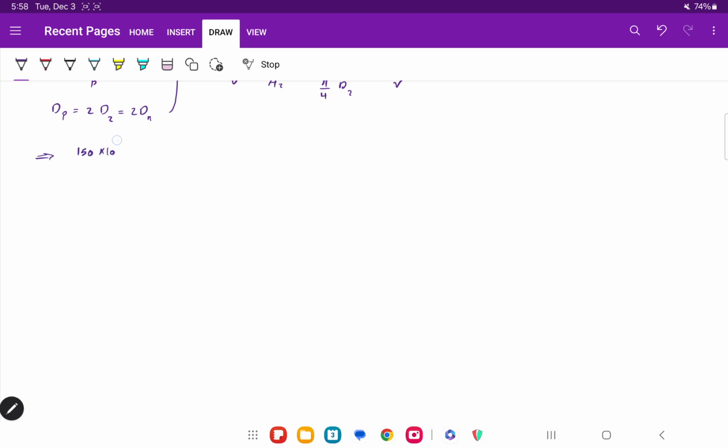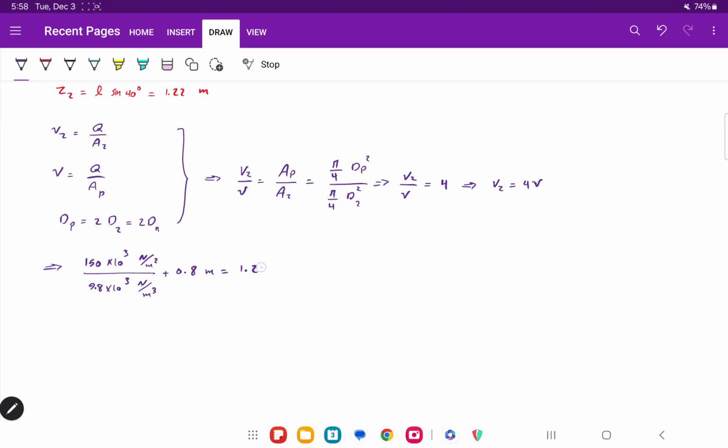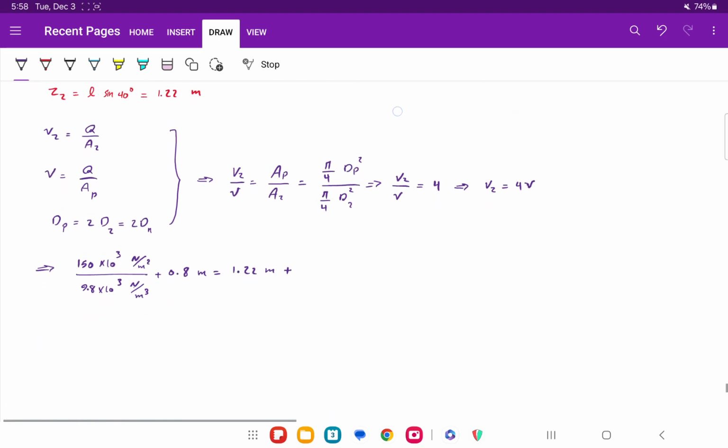P1 is 150 times 10 to the power 3 newton per square meter, gamma of water is 9.8 times 10 to the power 3 newton per cubic meter, plus Z1, equals P2, which is 0, and we have Z2, 1.22 meters, plus V2 square over 2g, which equals 16 V square over 2g.